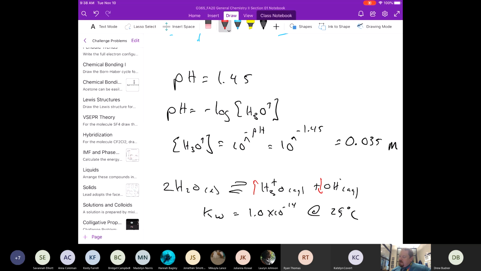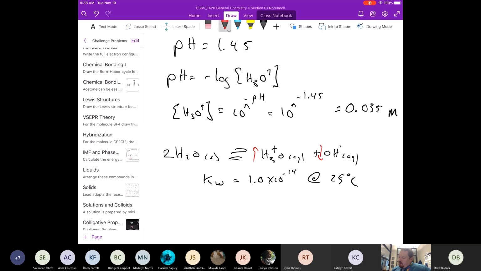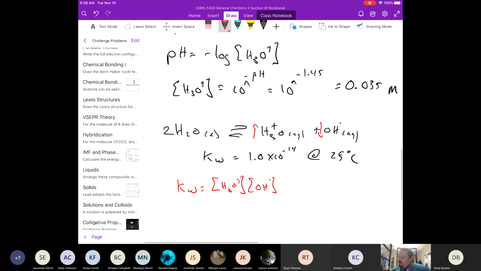So we can use this Kw, because Kw is equal to the concentration of H3O plus times the concentration of OH minus. If we have one of them, we can calculate the other, right? So if we want the OH minus concentration, that's going to be 1.0 times 10 to the negative 14th divided by our H3O plus concentration.